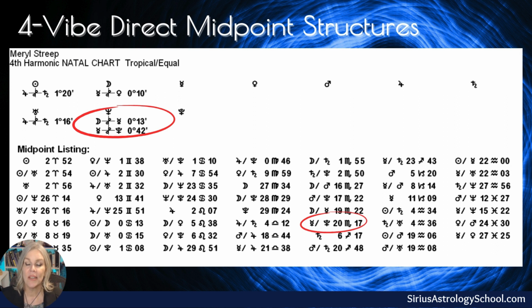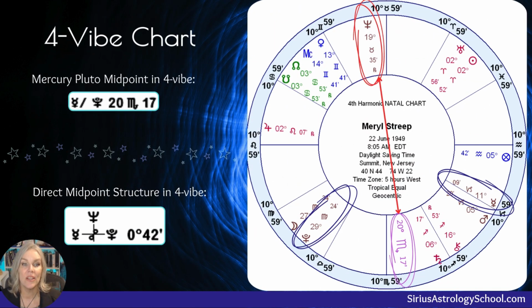And then we see the midpoint, where the midpoint actually is between Mercury and Pluto. Let's look at what that looks like in the 4 vibration chart. We see Mercury-Pluto midpoint is 20 degrees of Scorpio and 17 minutes. You see that in the pink right here. I put it down here. And then we have opposite that, 19 degrees and 35 minutes is Neptune.